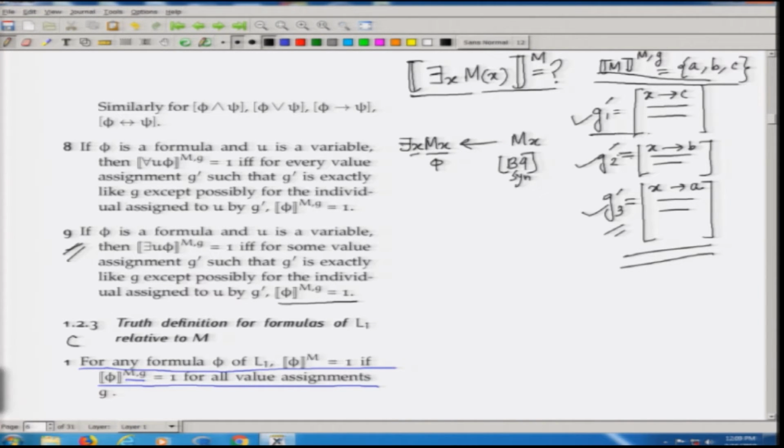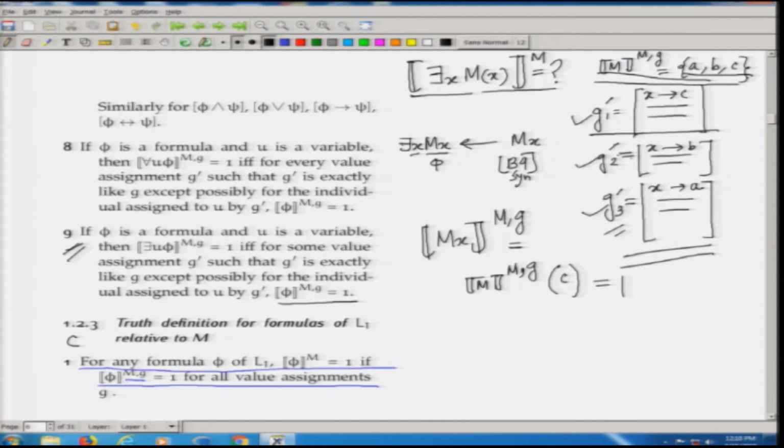We can see that from just g prime 1, which is g itself, that mx with respect to m and g, what this is just g, because g only assigns c to x, is the denotation of m with respect to m g, and then it is actually c, and we know that this is 1 because the denotation of m is the set that consists of all three. So therefore this is 1.